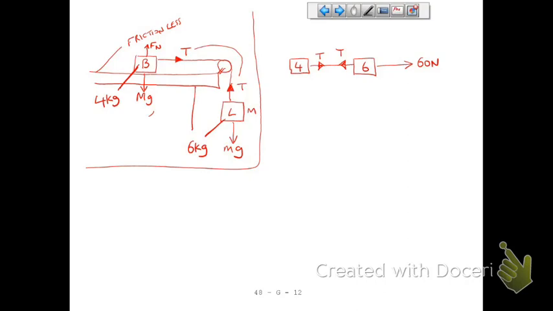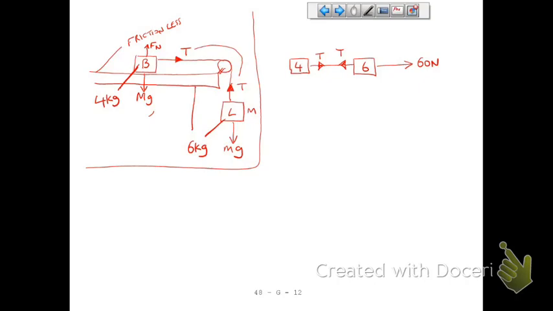Can anybody tell me what the tension in the string would be under those circumstances, just by observation? It's going to be 60 newtons, isn't it? Because the downwards force is balanced by the upwards force because it's in equilibrium. You'd say the sum of the forces vertically for the load equals 0, and you're off to the races.